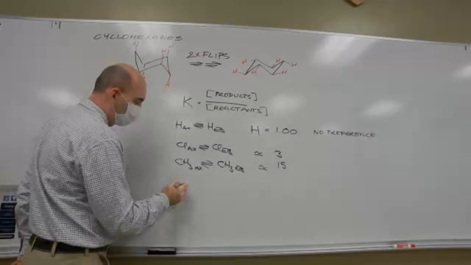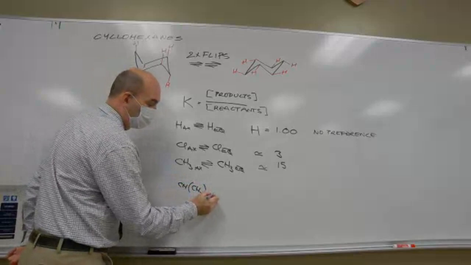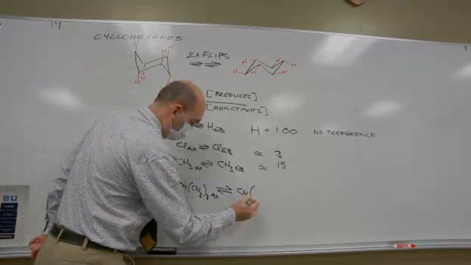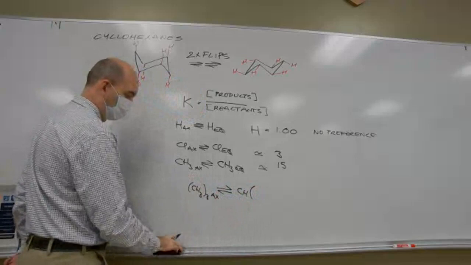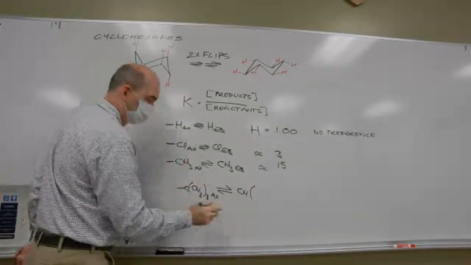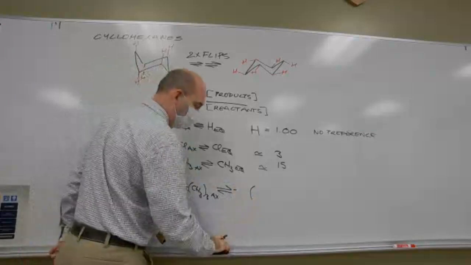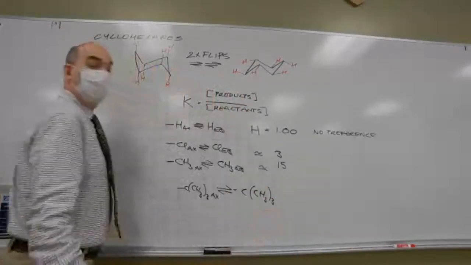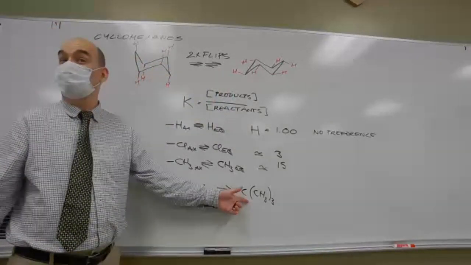By the time this is a branched alkyl group, actually I can't have that hydrogen. Is a branched alkyl group, like a little moiety, a group that we would call tertiary butyl.